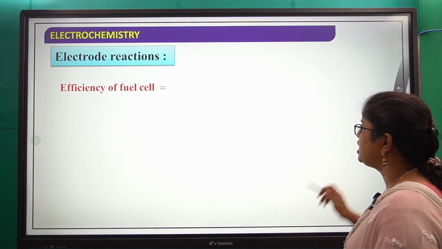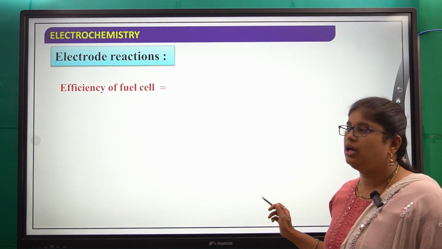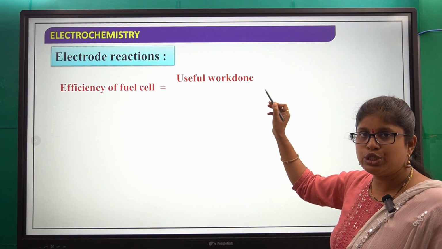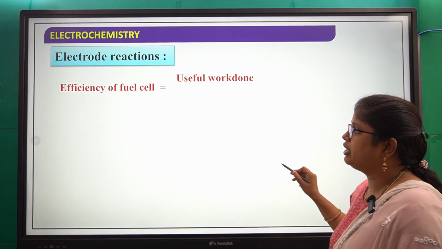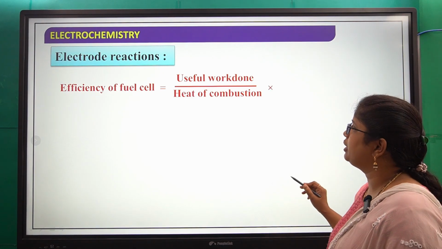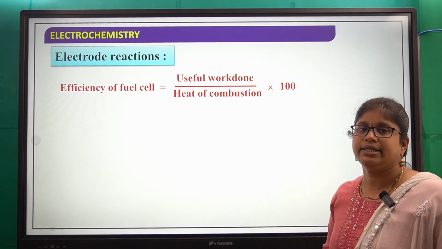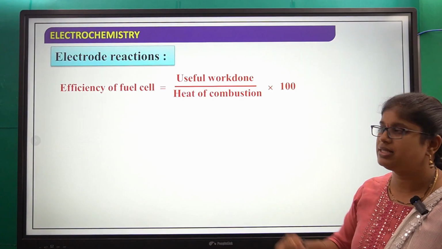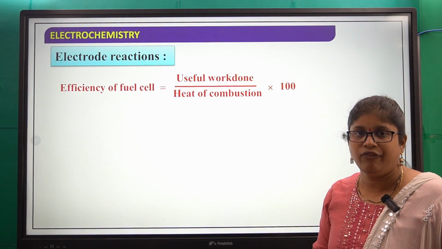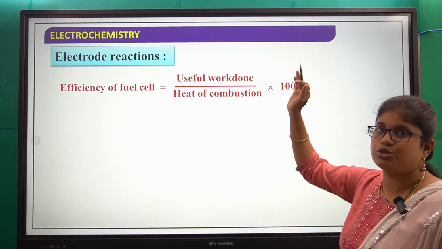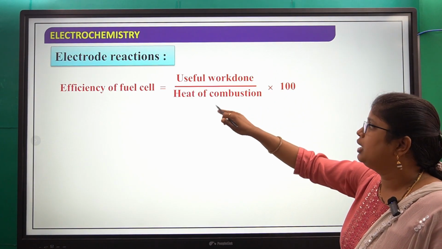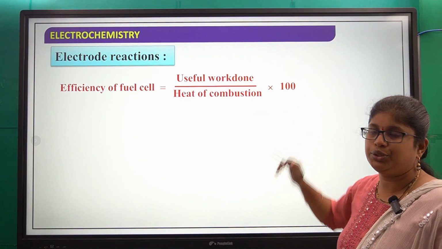Next, what is the efficiency of this fuel cell? The formula for efficiency of a fuel cell is equal to the useful work done by the fuel cell divided by the heat of combustion, into 100.